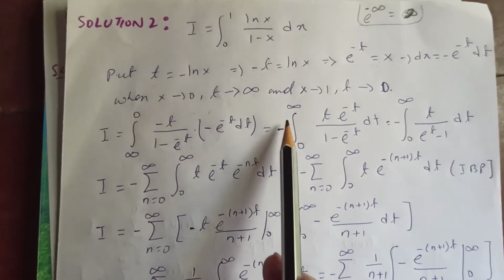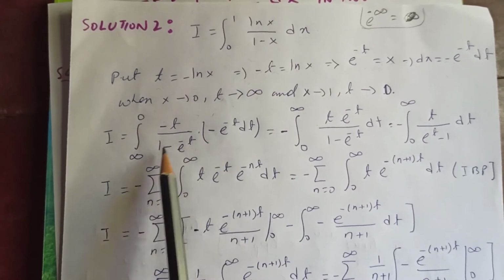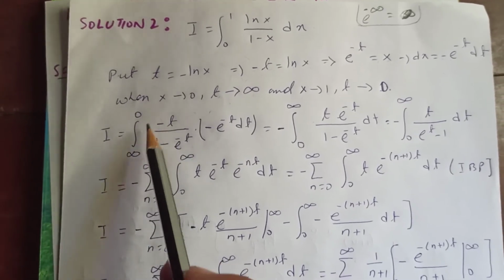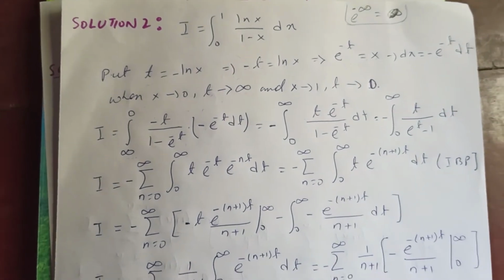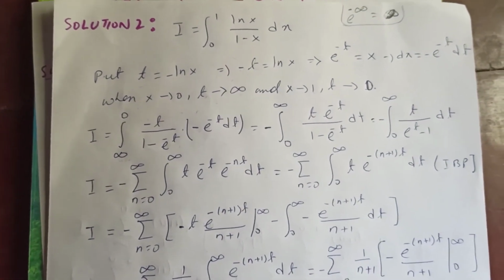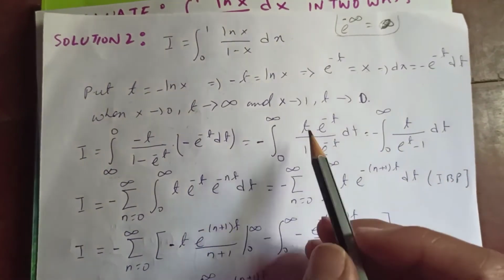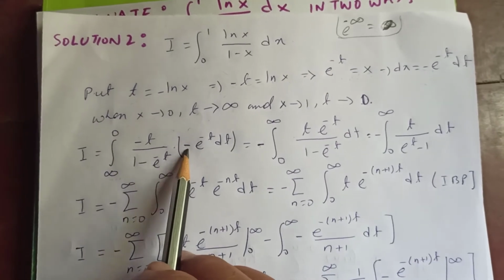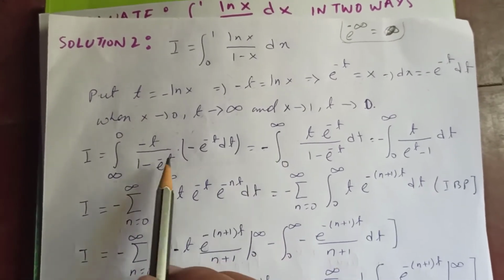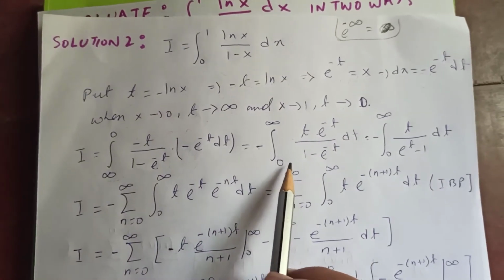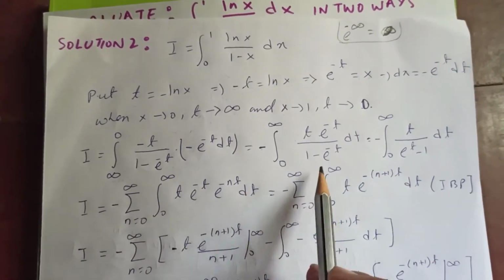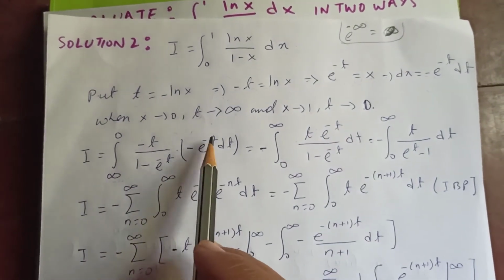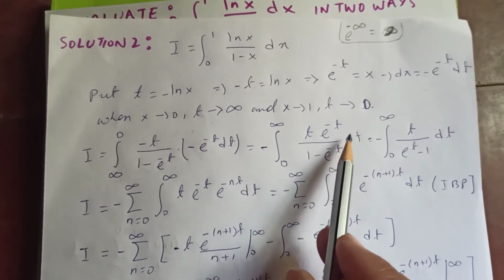This minus I have to take out, and I am going to use it to interchange the upper and lower bounds, by the properties of definite integrals. So infinity to 0 becomes 0 to infinity, with t e to the negative t upon 1 minus e to the negative t dt.